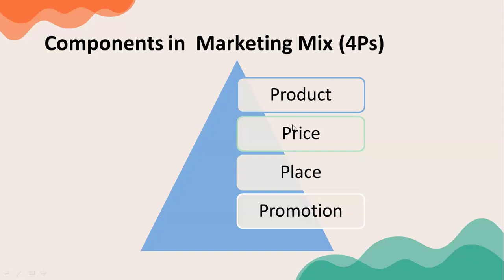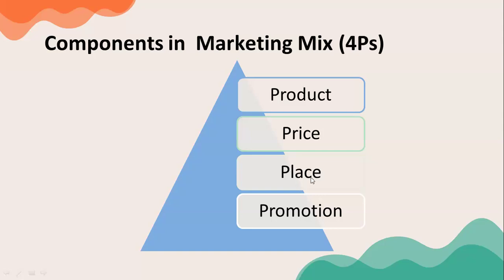And for price, when the producer is pricing the product, the customer or the consumer is purchasing the product. So what is it for the consumer? Yes, it's cost. And for place, it is convenience.